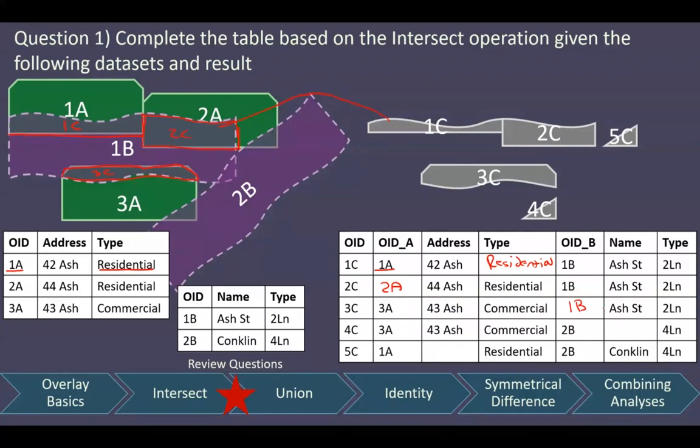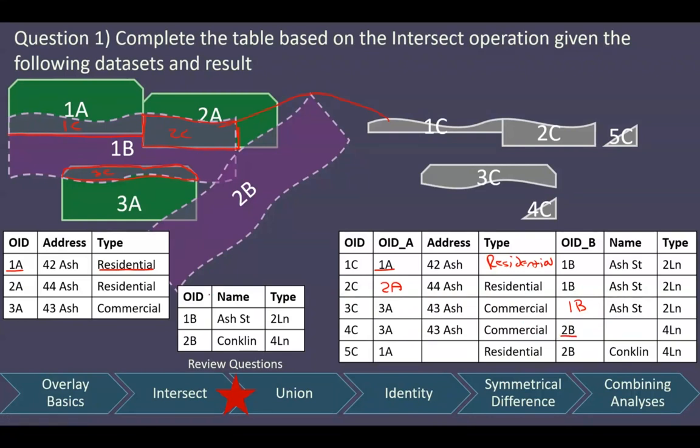Okay, for 4C, I'm going to show you guys a slightly quicker way to do this. For 4C, we have a blank here, and that's the name attribute from the B table, specifically the 2B row.